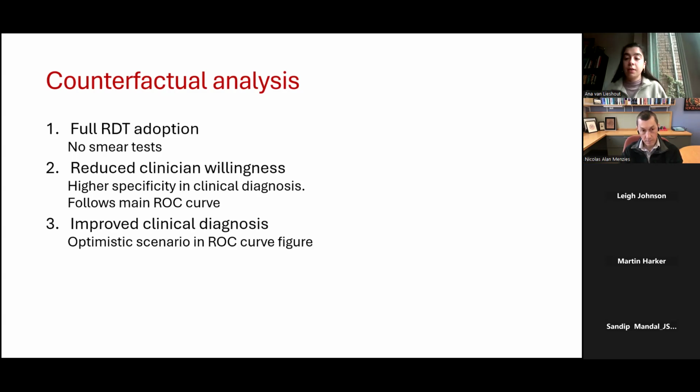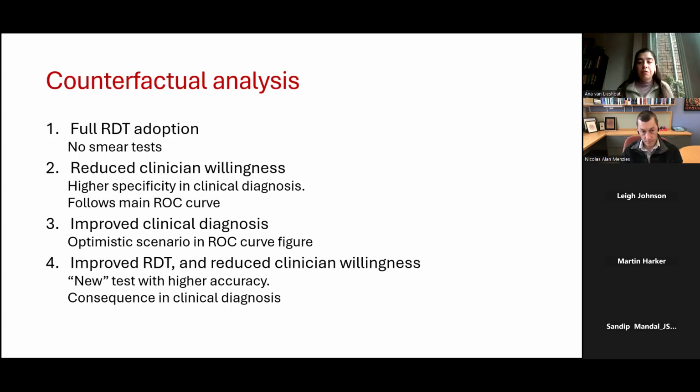We also look at the optimistic scenario on the ROC curve, which is what we assume to be an improved clinical diagnosis. This could mean, for example, that chest radiography is more widely available, and then the clinical diagnosis will be more specific and more sensitive. But it will still always be a trade-off between the two.